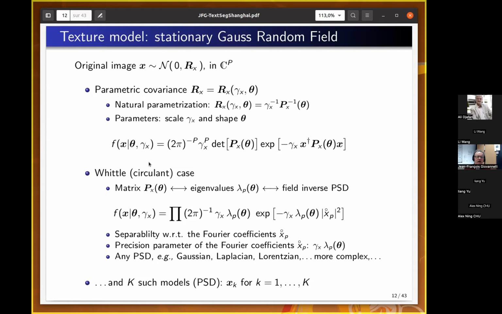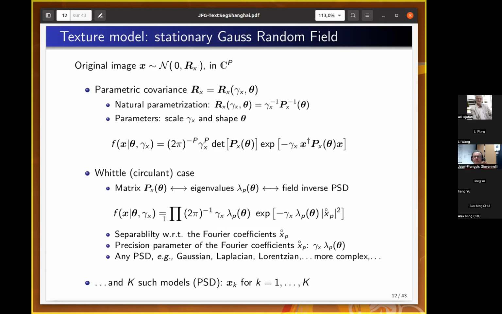And then I will be interested in stationary and more specifically in circulant stationary models. So I will be able to write the probability density function of the image as a function of the Fourier coefficients of the image. This is a Fourier transform, or let's say the fast Fourier transform, the discrete Fourier transform of the image.